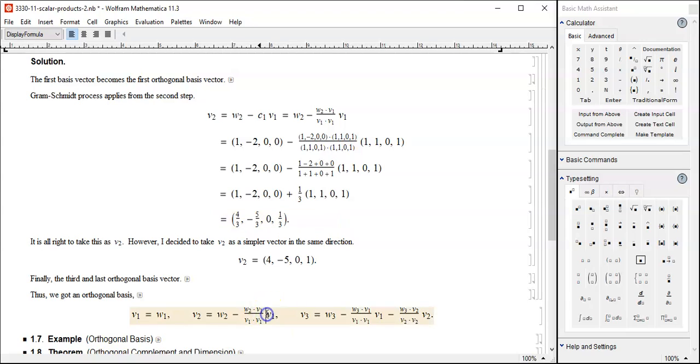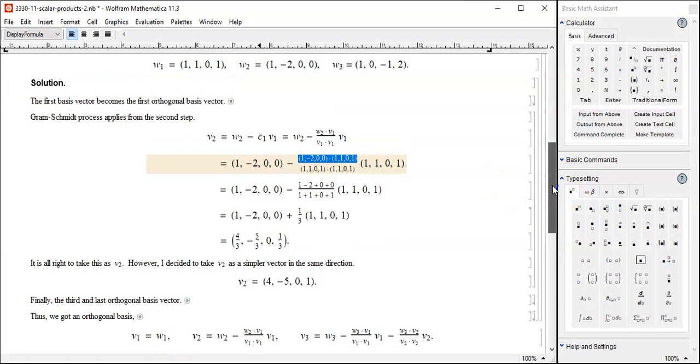It's just this computation here. We are doing the dot products here, W2 dot V1. So we have to do this dot product in the numerator and multiply the first. It looks like I am doing it right. And then we got something.